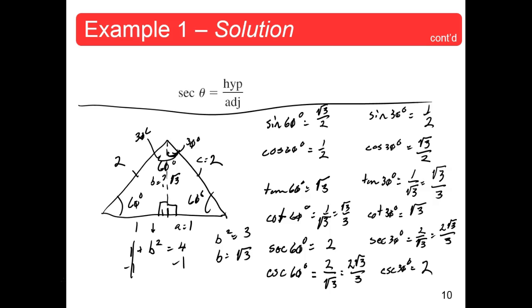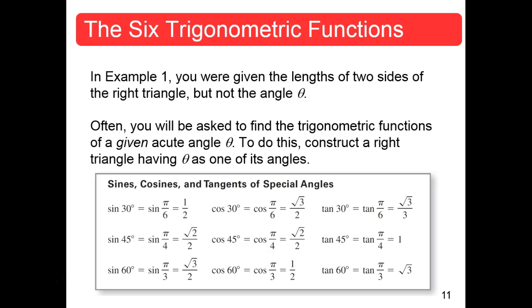The short side of a 30, 60, 90 triangle is the side opposite the 30 degrees, or pi/6 if you're in radians, and the ratio is 1/2. Always. No matter if this was a huge triangle or a small triangle, the short side is always half the hypotenuse. And then the other side is √3 times the short side.